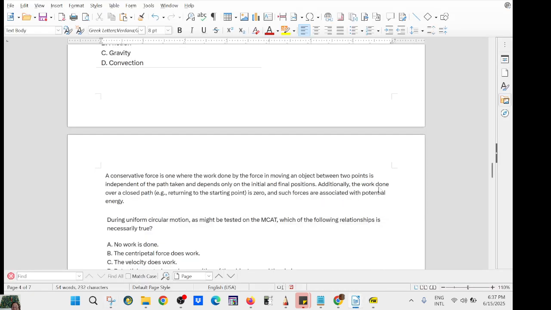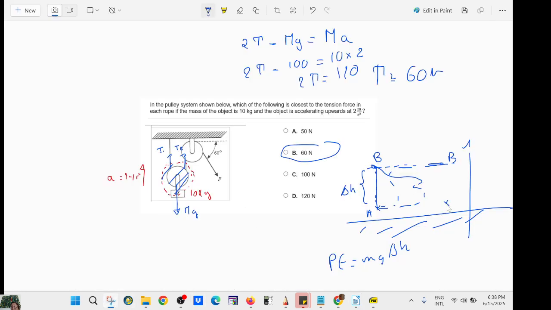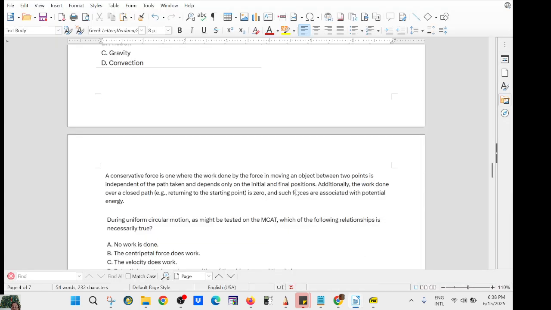You can say also that if you go over a closed path, so if you start from A here and you go for a trip and you go back to A, the work done will be equal to 0. Okay, so along a closed path, the work done is 0. And the best way to remember is that there is a conservative force when there is a potential energy involved.